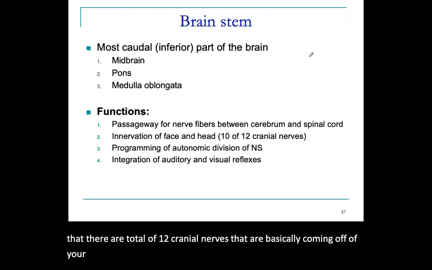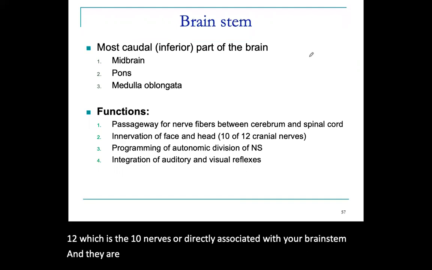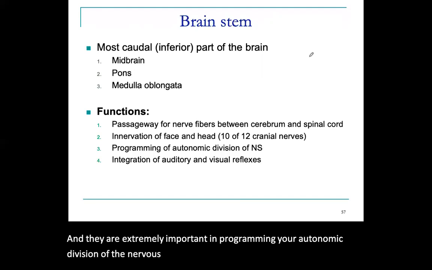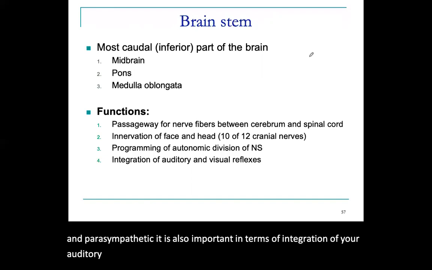And out of those 12 nerves, nerve number 3 through number 12, which is the 10 nerves, are directly associated with your brain stem. And they're extremely important in programming your autonomic division of the nervous system, which is branched into the sympathetic and parasympathetic. It is also important in terms of integration of your auditory and visual reflexes.